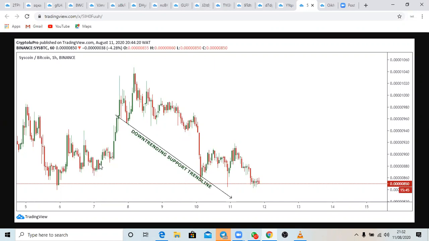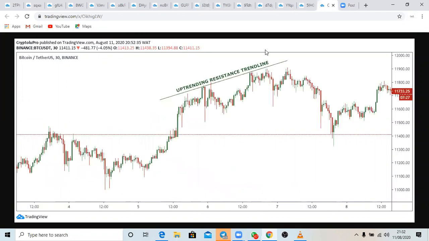It is resisting price from passing below it. Okay, another example. Now, uptrending resistance trend line. As you can see here, price came to test it at first, went down again, tested it the second time before going down. So that will be all for trend lines examples.